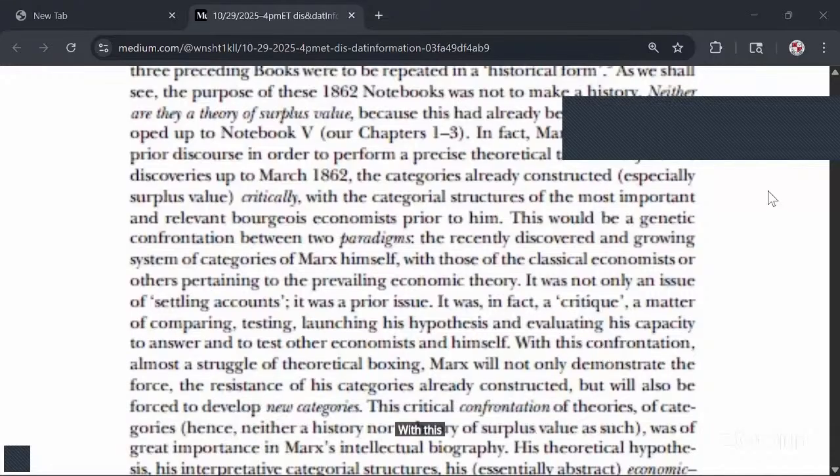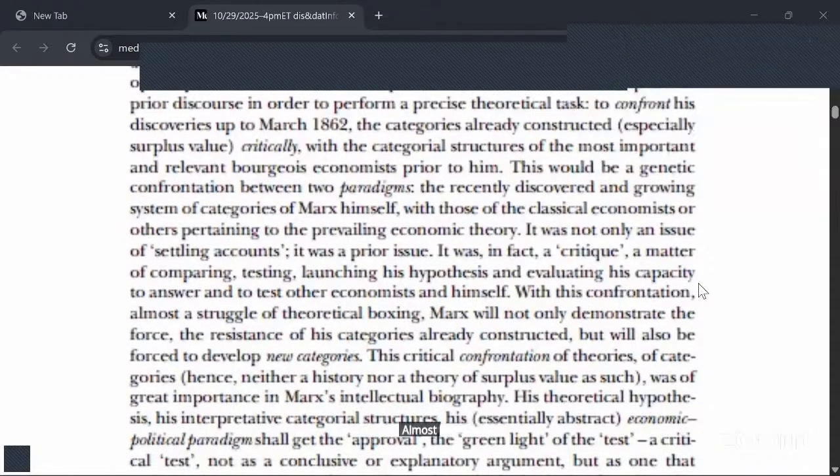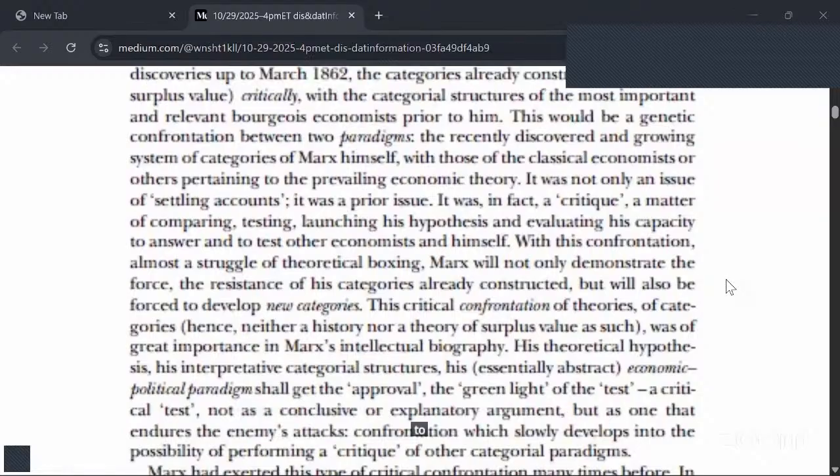With this confrontation, almost a struggle of theoretical boxing, Marx will not only demonstrate the force, the resistance of his categories already constructed, but will also be forced to develop new categories. This critical confrontation of theories, plural, of categories, is hence neither a history nor a theory of surplus value as such.